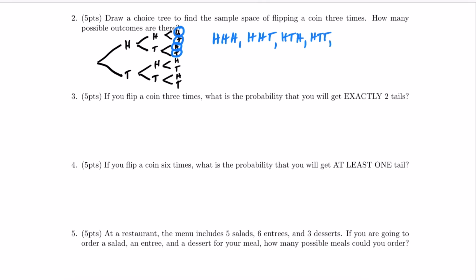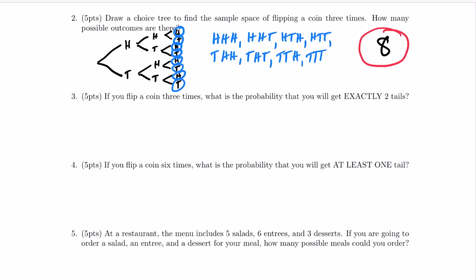This branch represents getting a tail and 2 heads. This branch represents getting a tail, a head, and then a tail. This branch represents getting 2 tails and a head. And this branch represents getting 3 tails. So basically, there's 8 possible outcomes for this choice tree.